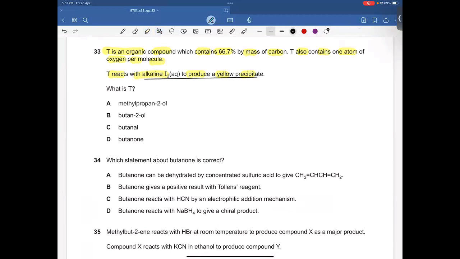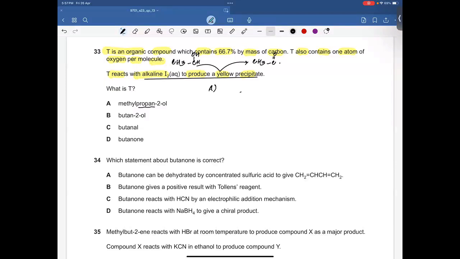An iodoform test appears when we have CH3 with a secondary alcohol group, that is CHOH, or either we have a CH3CO group, that is methyl with ketone. All right. So let's talk about option A. We have propane.